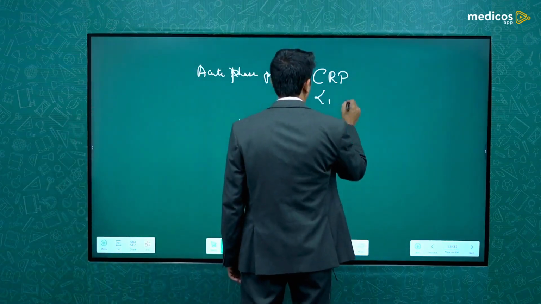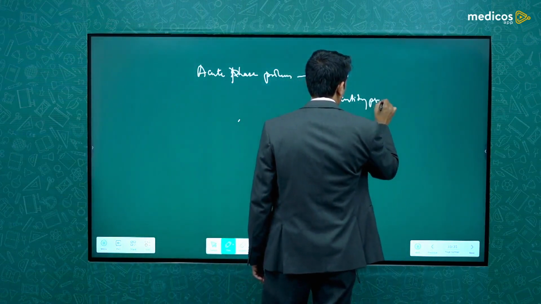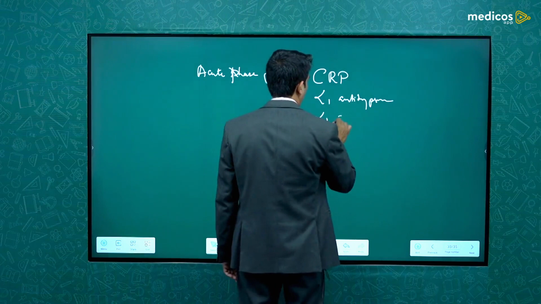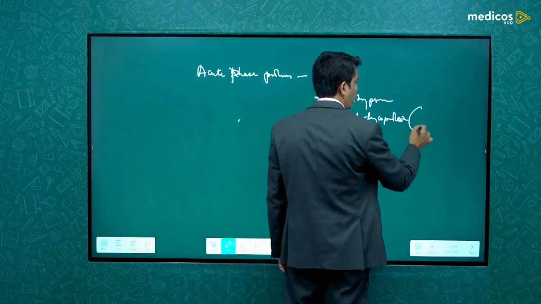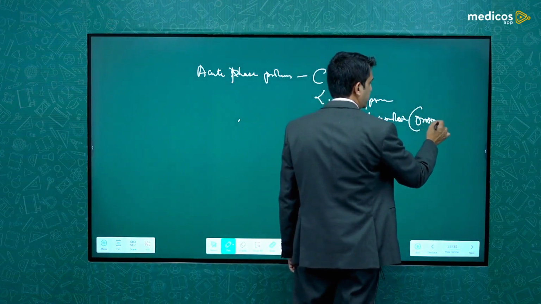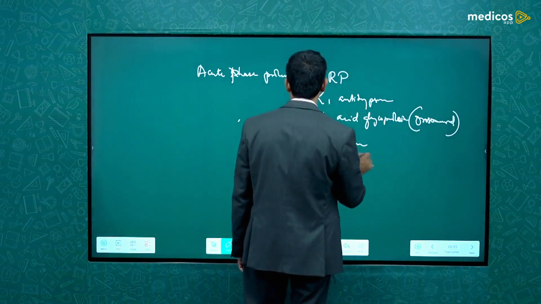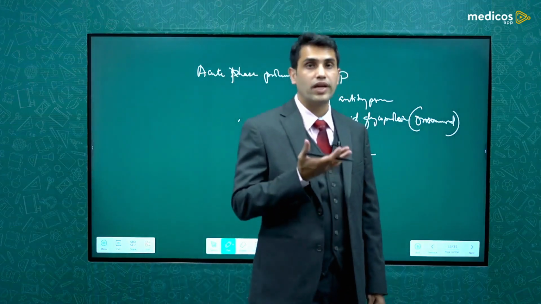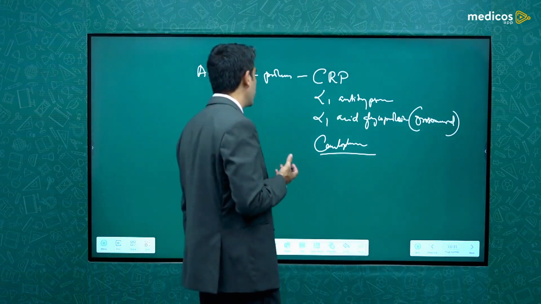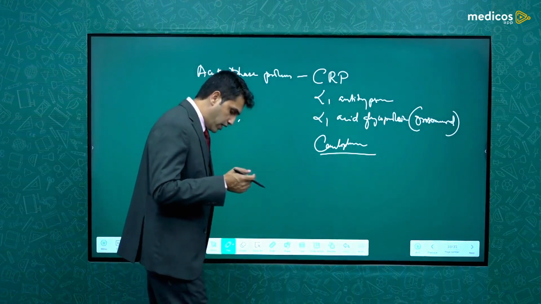Then alpha-1 antitrypsin, alpha-1 acid glycoprotein, also called orosomucoid, ceruloplasmin, etc. So, acute phase proteins are those proteins which get elevated during acute inflammations.